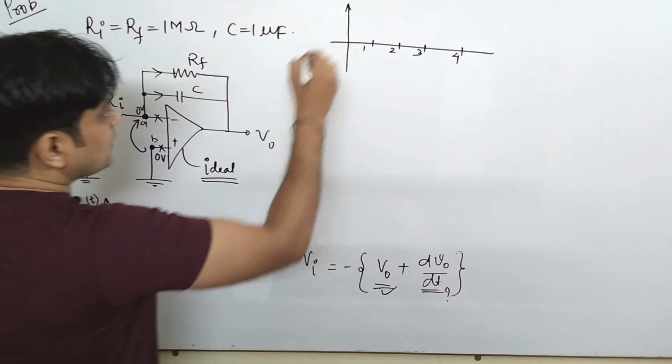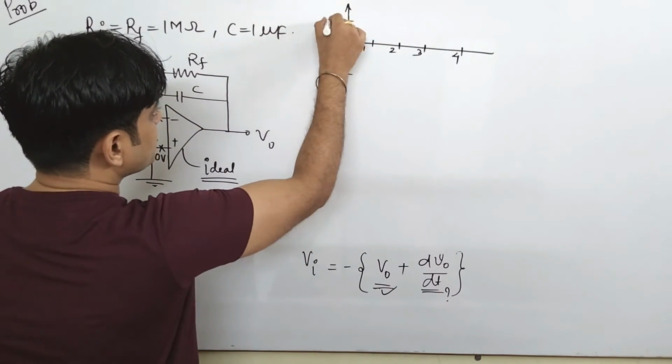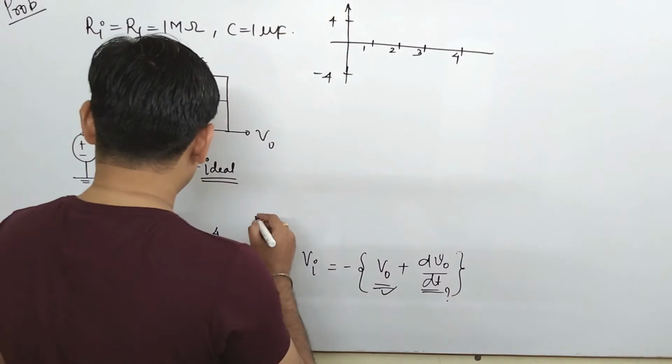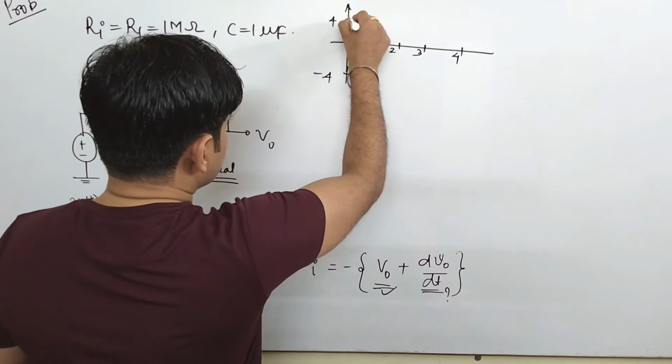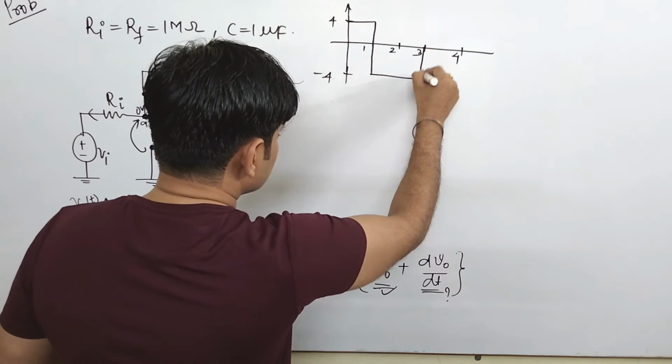This value remains the same as 4 and minus 4. Now if I have to find simply this dV0 by dt, what is it? This comes to be a unit step signal in this manner.